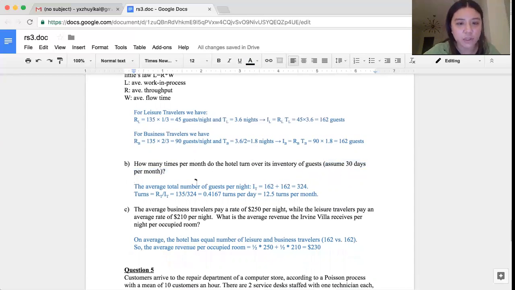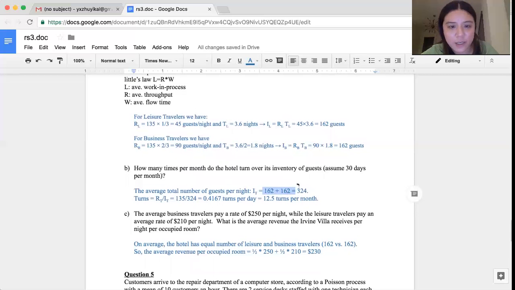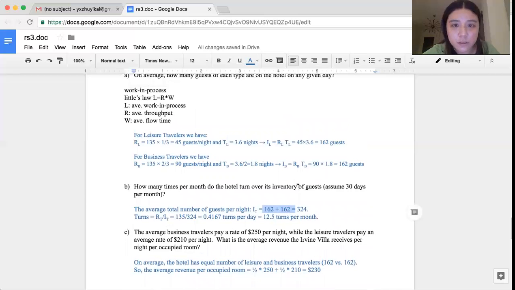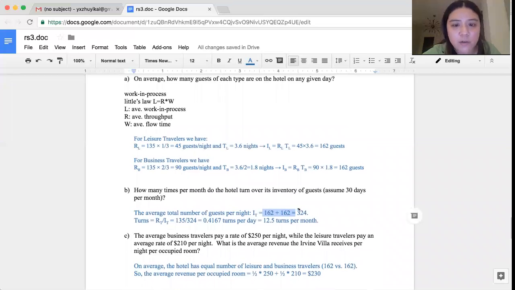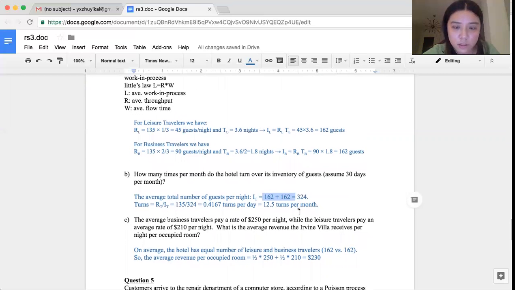So the average total number of guests per night is 162 leisure travelers plus the number of business travelers, which is 324. So on any given day, we have 324 guests in total.